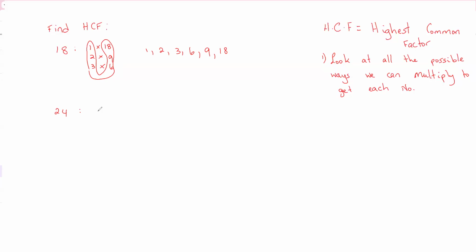Then we look at 24. 1 times 24, go in ascending order. 2 multiplied by 12 will give us 24. 3, yes, 3 could multiply by 8 to give us 24. 4 could multiply by 6 to give us 24.